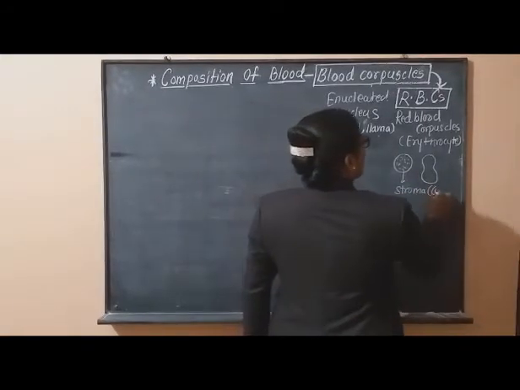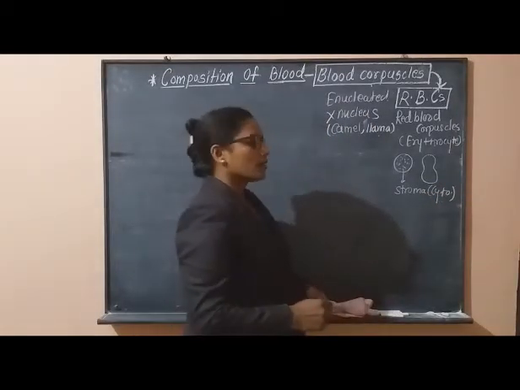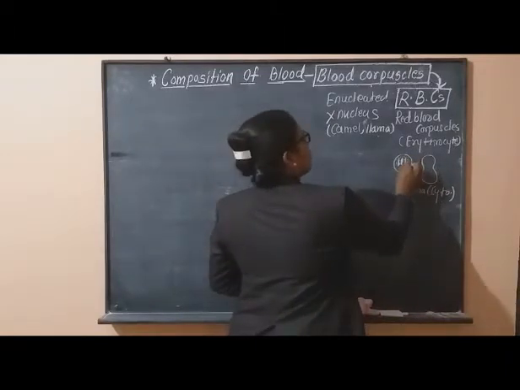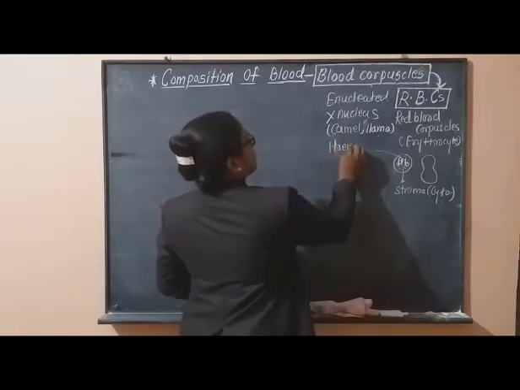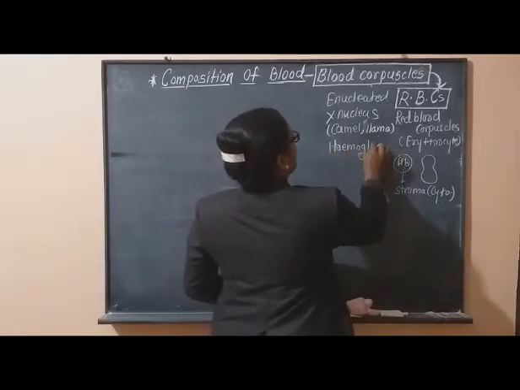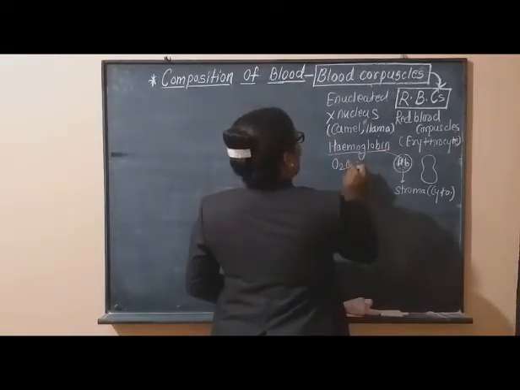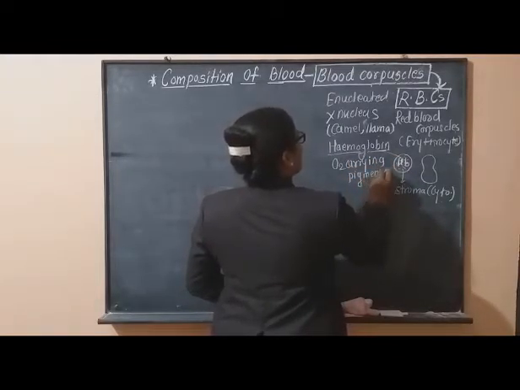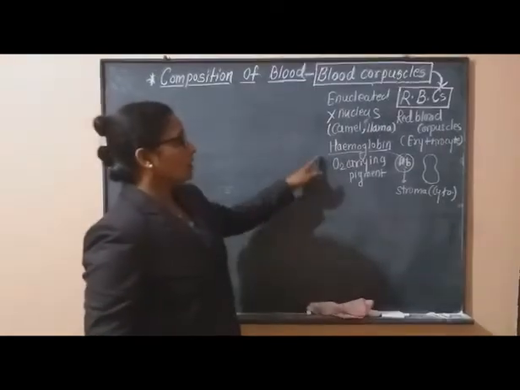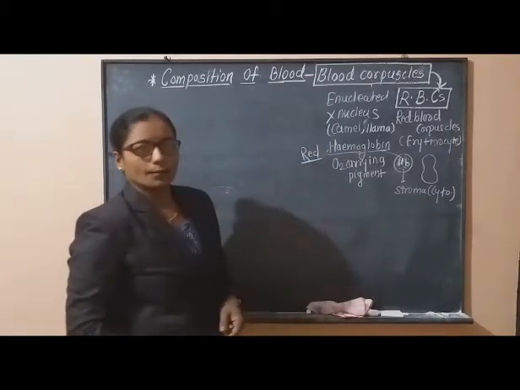This stroma is nothing but the cytoplasm of the RBCs. And inside this cytoplasm, hemoglobin is present. It is a very important part. This hemoglobin is an oxygen carrying pigment, due to which transport of oxygen and CO2 is possible. And this hemoglobin gives red color to our blood.